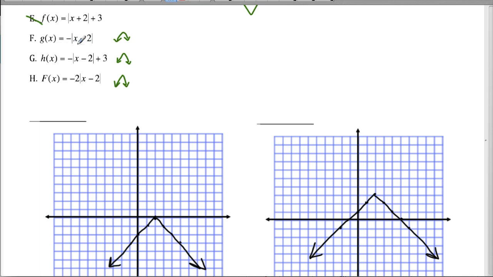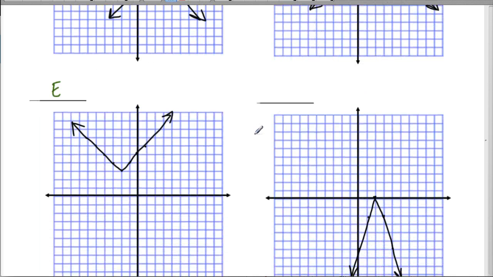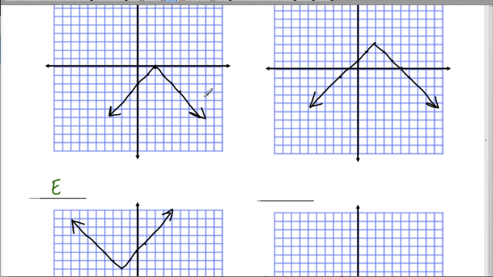Okay, F is opening down, and then there's a negative 2 inside the absolute value bars. So whenever we said it was inside the function, as opposed to this plus 3, which is outside, the inside moved it left or right. So which one of these opens down and is moved to the right too? Because remember, it's x minus h. So I look over here, and there's two of them that are opening down, this one here, and this one here.